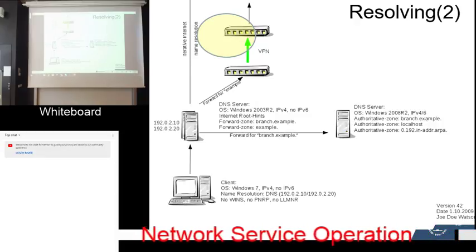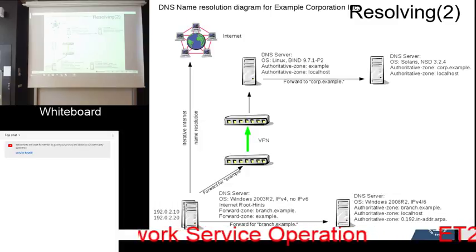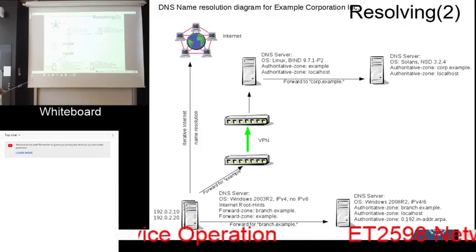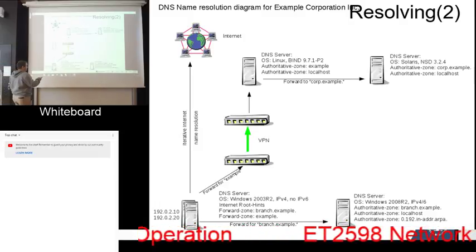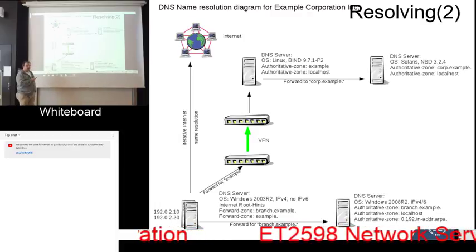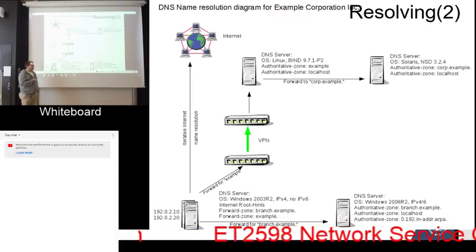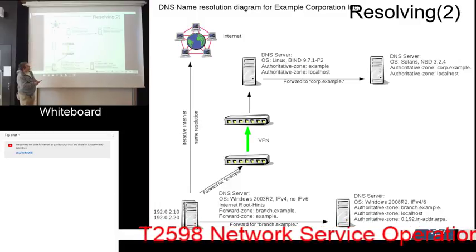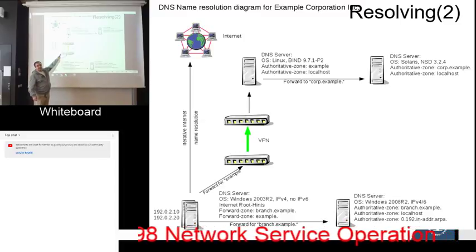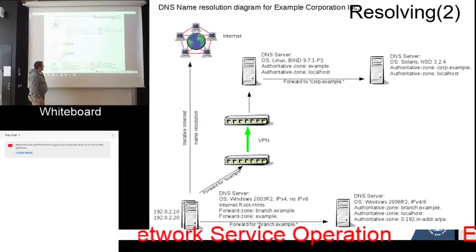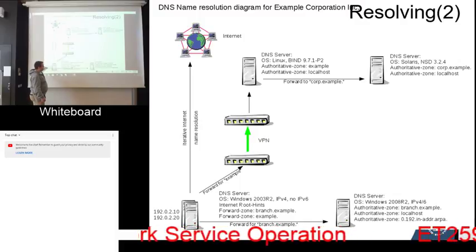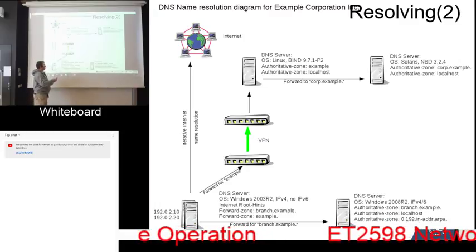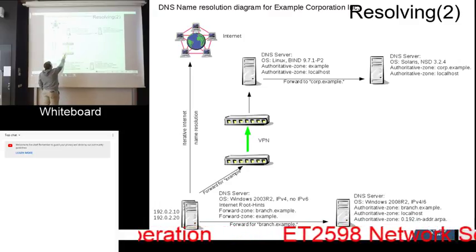In the case that we have a request that goes for corp.example, the request comes here. Again, this entity says, I am not handling this, but I know who it is, and that is this entity. Because it checks from the bottom, corp, example. So it comes up here.